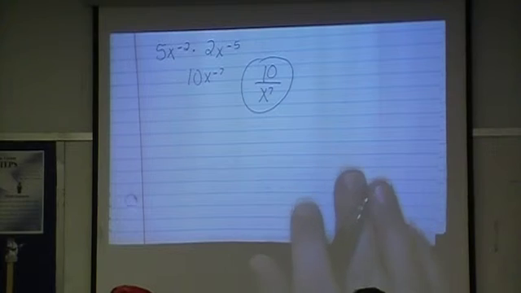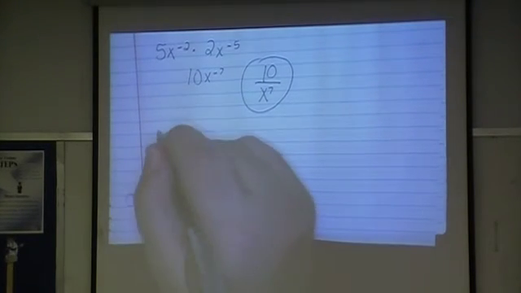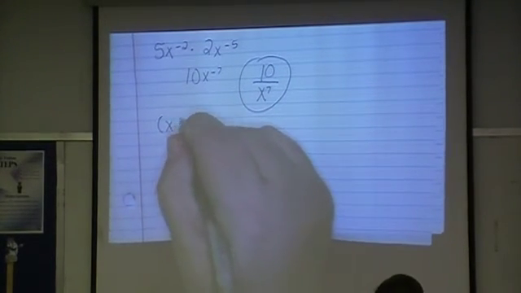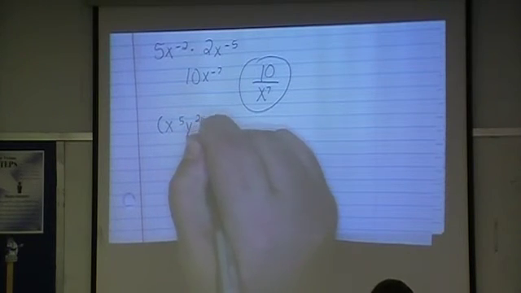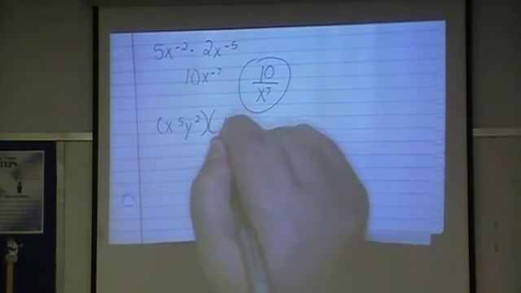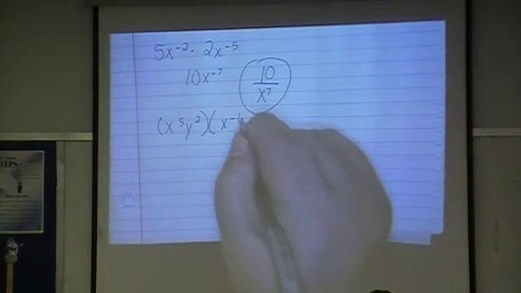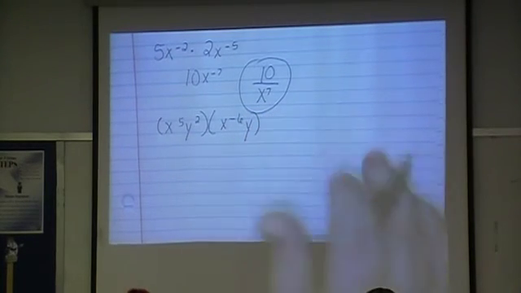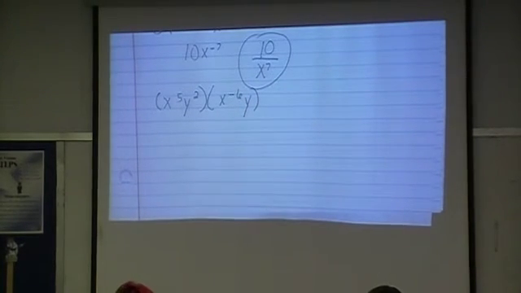All right, a little bit harder. Three ways to show multiplication: multiplication dot, side by side, or parentheses.